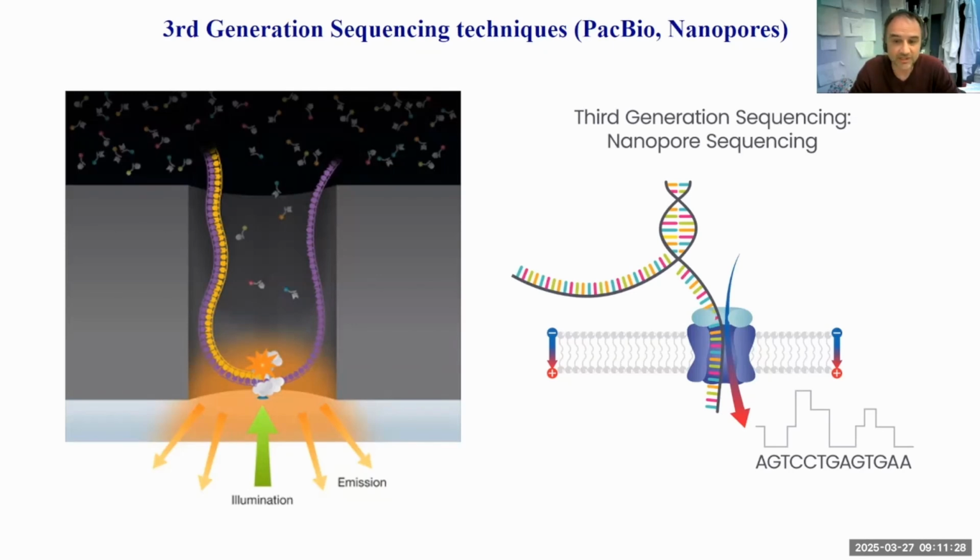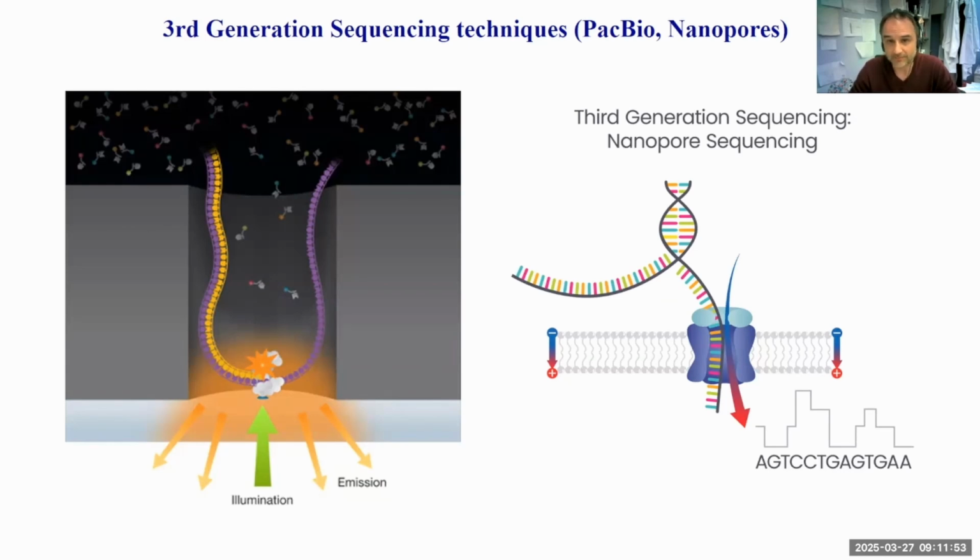You don't need to do PCR. And some of them, like nanopore sequencing, are just like magic. You have the DNA going through very small pores, and you can measure an electrical field that changes according to whether you have an A, a T, a G, or a C. That is done at a really high speed, and you can see in real time how the sequence is being obtained.